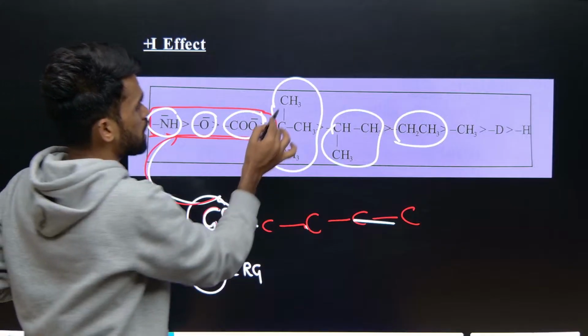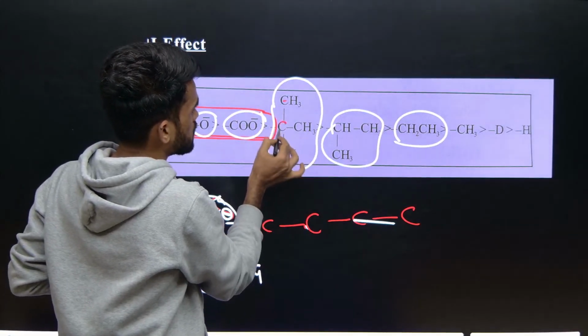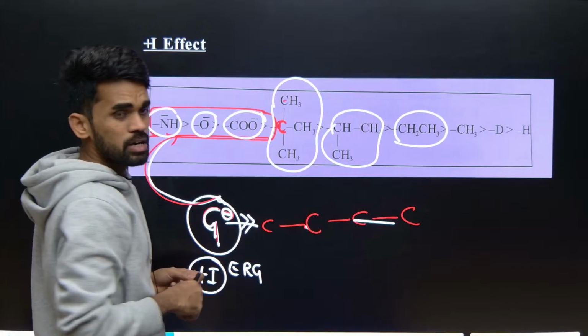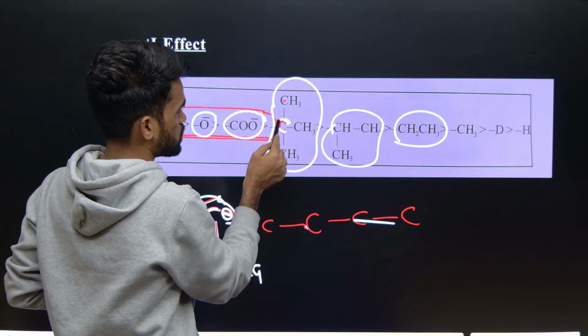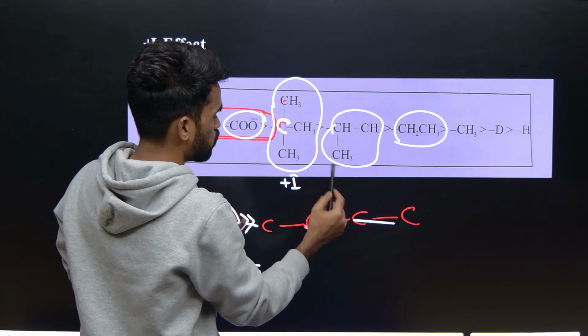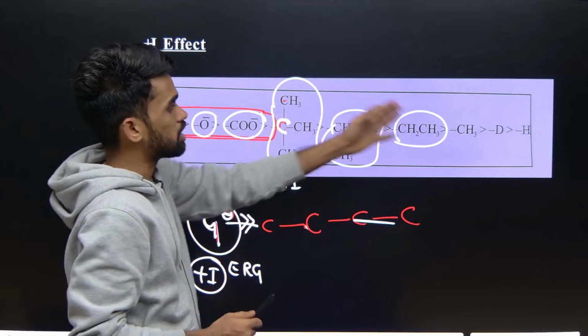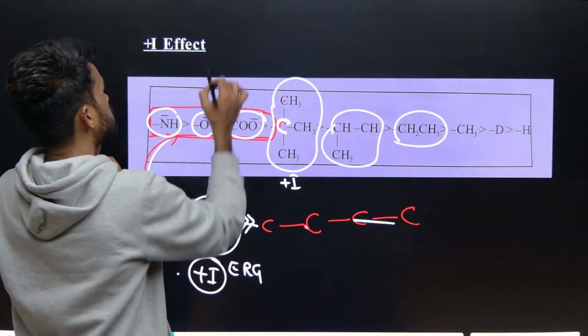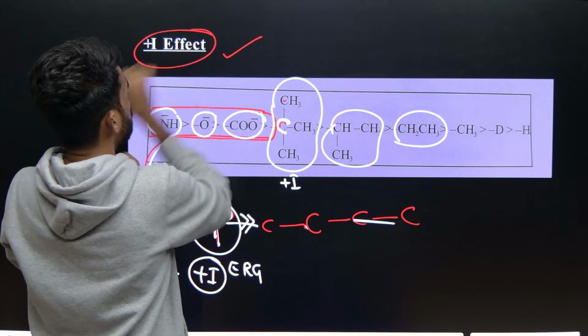Now, the more the number of carbons here, the more the releasing nature. So tertiary alkyl groups have more plus I effect, or more releasing nature, than the remaining ones. So this is an experimental order for plus I effect.